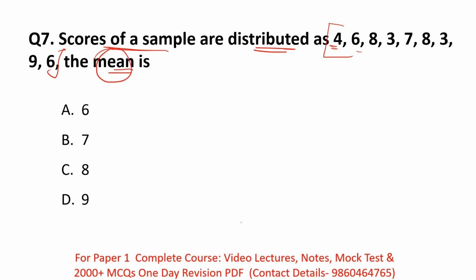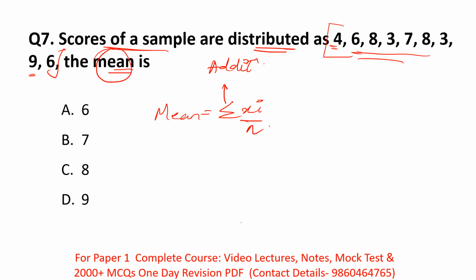Mean means the average score of a whole population. So how will you calculate the mean? Remember, the mean formula is mean equals summation of xi upon n, where summation means addition. You have to add all these terms and divide by n, the number of terms.